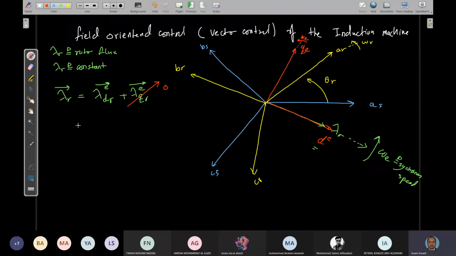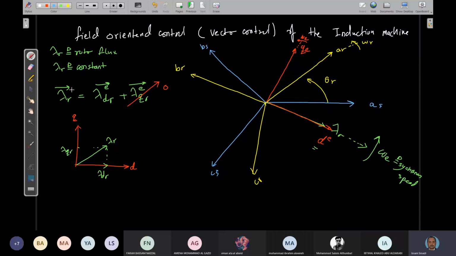Now see, if this is the D and this is the Q, and if this is the rotor flux, then lambda R has two components. One is lambda DR, and one is lambda QR.